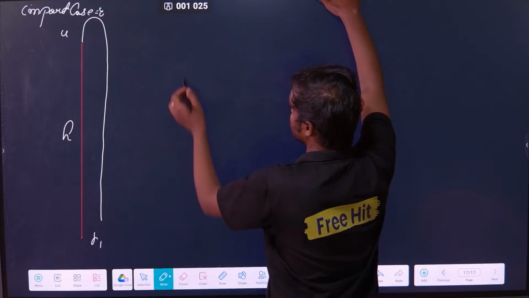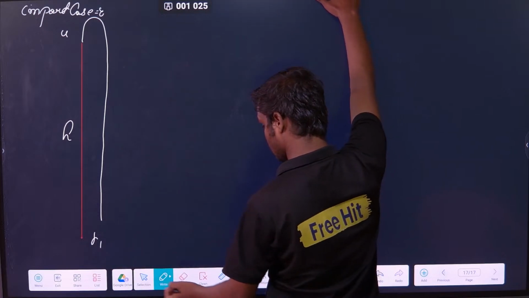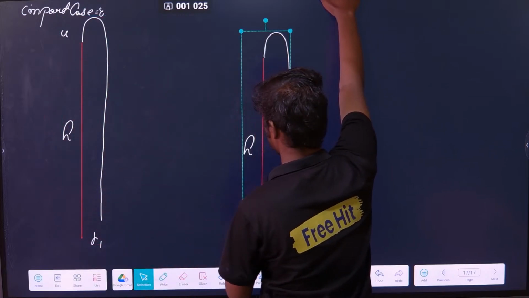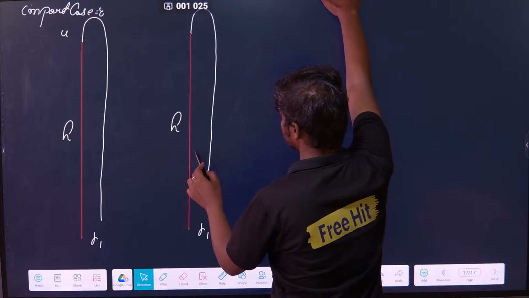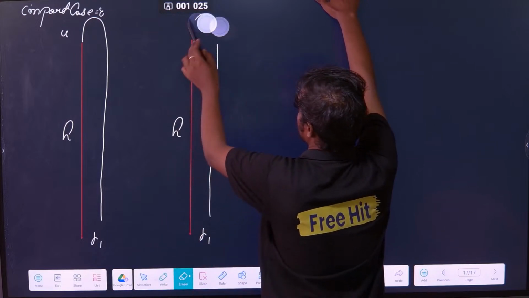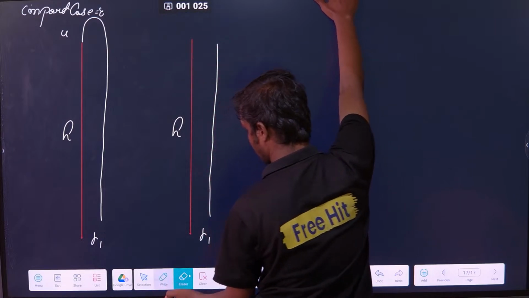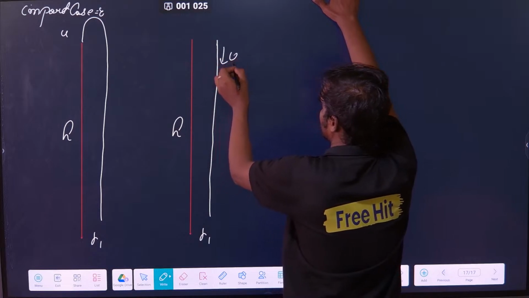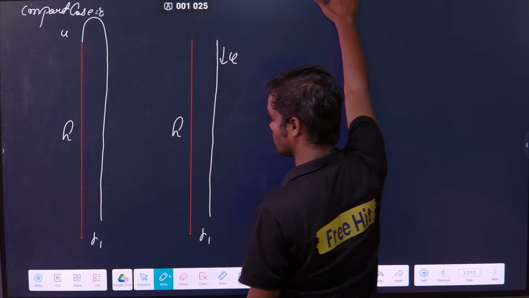Second case, what I am doing, see here, with velocity u I am throwing it the other way.